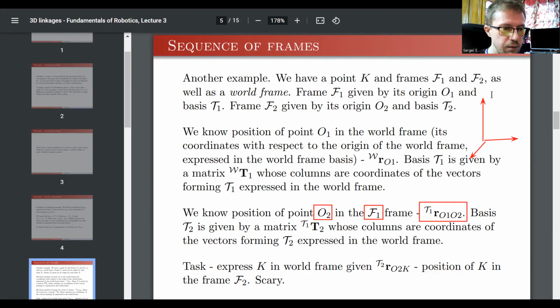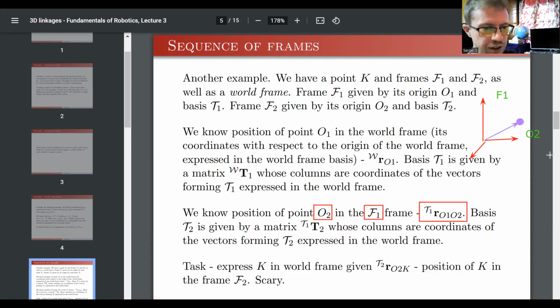Let me denote it somewhere. And you have a point in this frame, let's say here, that is O2.